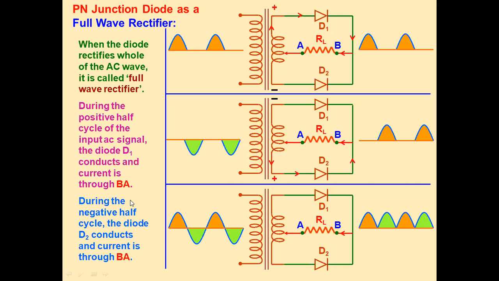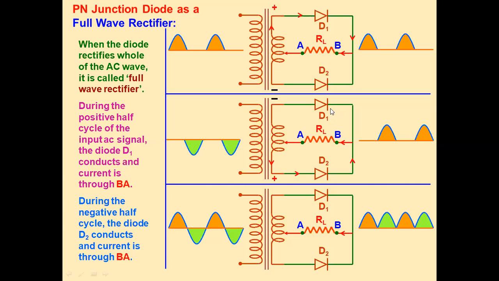During the negative half cycle, diode D2 is in forward bias and diode D1 is in reverse bias, and in this case the voltage is developed across the load resistance due to diode D2. So in full wave rectifier, we get the output voltage due to the positive half cycle as well as the negative half cycle. This type of rectifier is known as full wave rectifier.